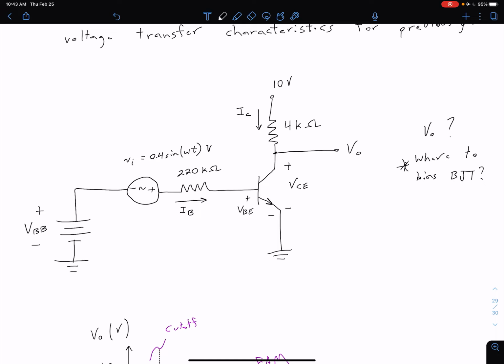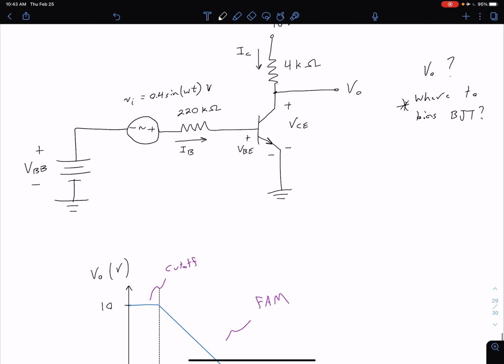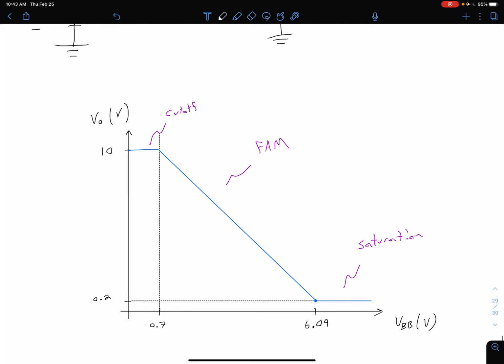So first of all, as I've said before several times, we know that if we're doing linear amplification, and most amplification that we're going to be looking at is going to be linear amplification, we want to be in the forward active mode. More specifically, we have a preference as far as where we want to be in this forward active mode.